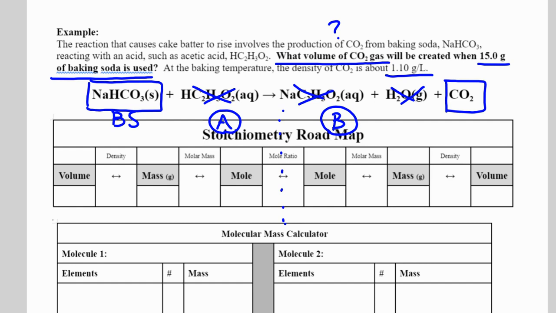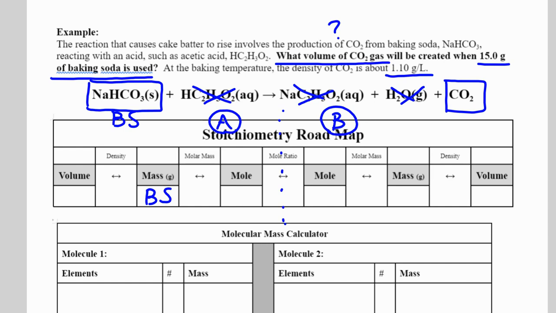Chemical A is always going to be the thing that you start with, and in this case that is going to be baking soda. And we've been given 15.0 grams of baking soda, which means we're going to begin right here, and we're going to work left to right across our stoichiometry roadmap.